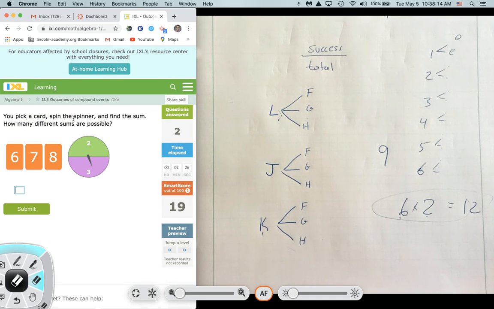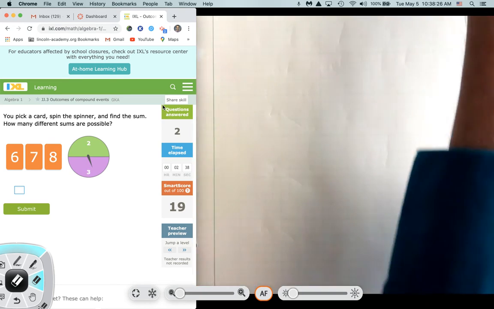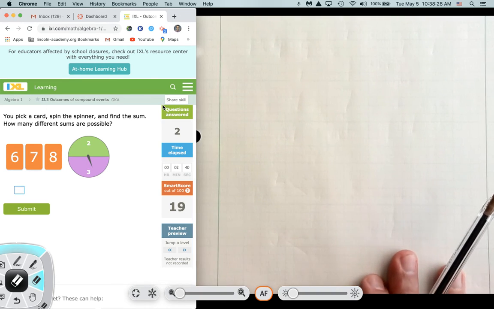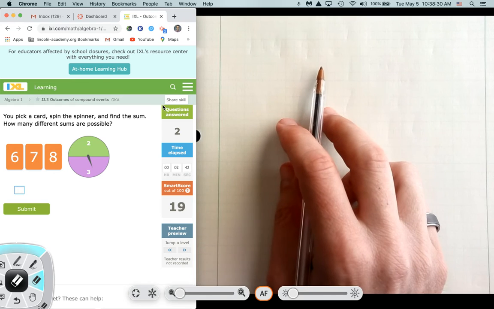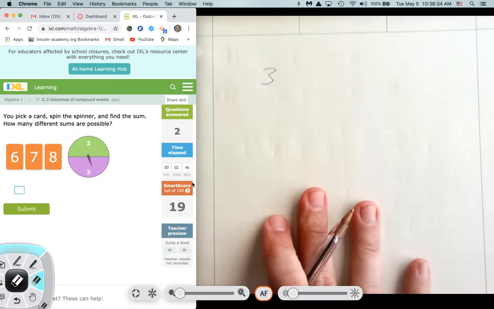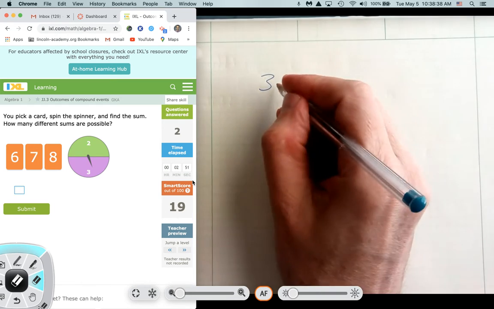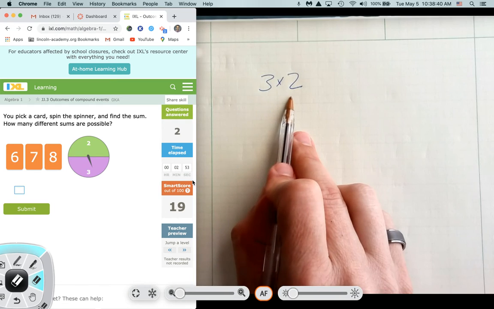Again, you pick a card, spin the spinner, and find the sum. Now, I want to talk about the difference between total outcomes and unique outcomes. Okay, so there's a difference. In this experiment, there is a total of 6 outcomes, because there's 3 outcomes from picking a card times 2 outcomes from spinning the spinner.